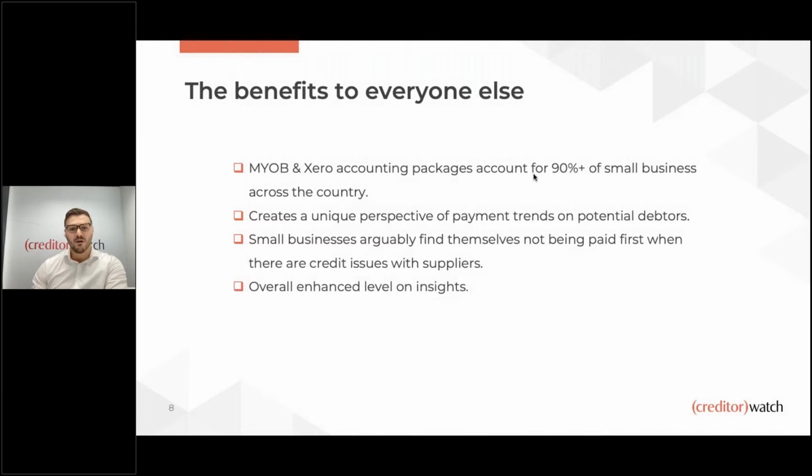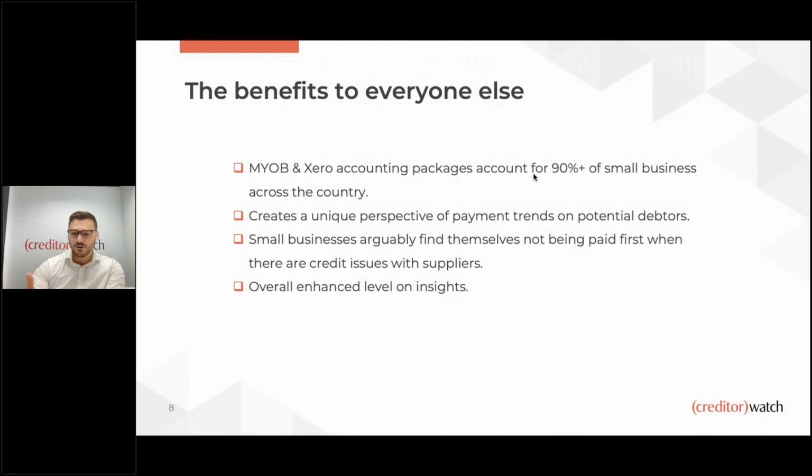What that means for companies when they're assessing other businesses is that data is feeding through our payment predictor and our payment rating. So if we're getting that information coming through, showing that they're not paying some of those smaller suppliers, and they're paying them, say, 15 days late, 30 days late, whatever it may be, that then has an impact on whether or not you want to do business with them, because you can see that they're not able to meet that commitment.